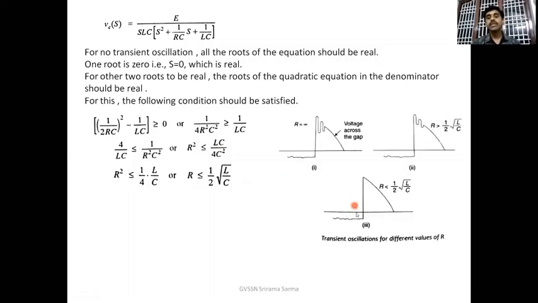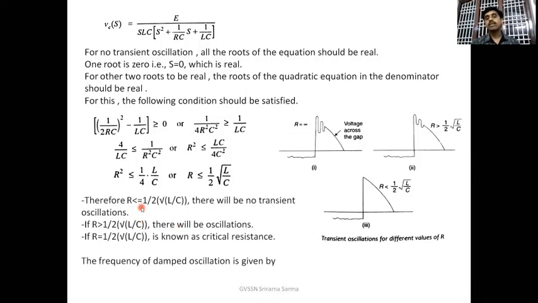So we can observe here, this is a normal circuit without any resistance connection, that is R is infinity, giving a restriking voltage with transient oscillations. When R is less than 1 by 2 root L by C, you can see that there are no oscillations. If R is greater than 1 by 2 root L by C, you can see there are some oscillations.